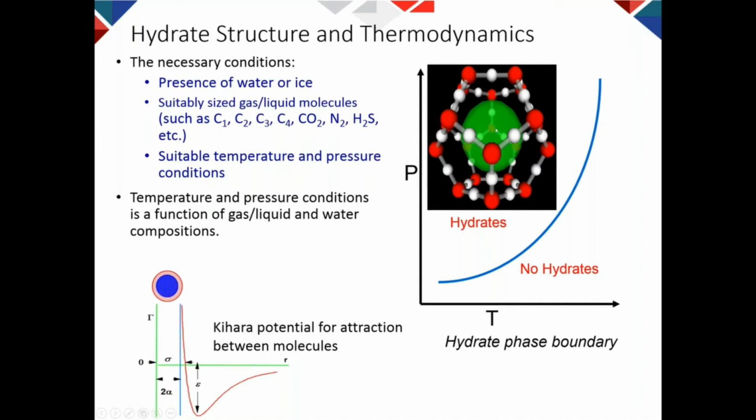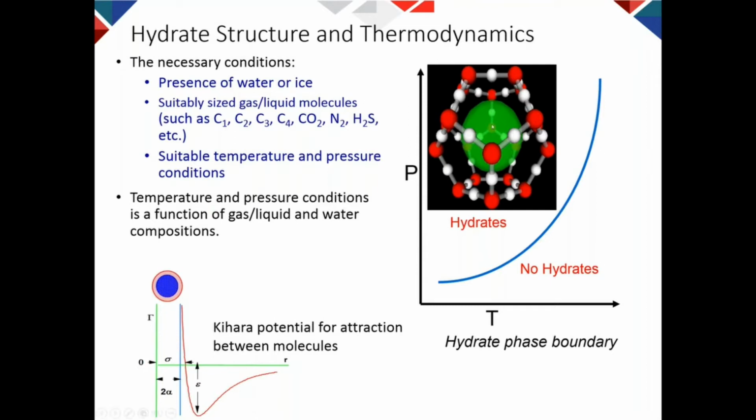If they are very small, the interaction is not very strong. If it is very big, again, they repel each other. So like here, imagine we have a molecule here. If the other molecule is somewhere here, there is no interaction between this molecule and this molecule. So interaction is zero. So if we have a molecule like hydrogen or nitrogen, it's very difficult to form hydrate.